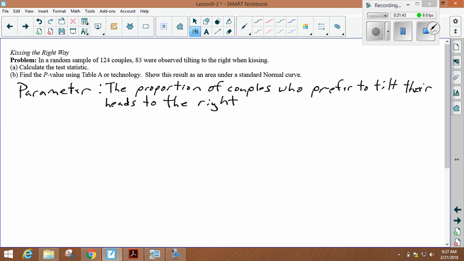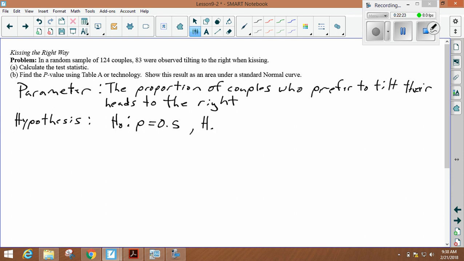All right, our hypotheses. We said that H naught is p equals 0.50, right?